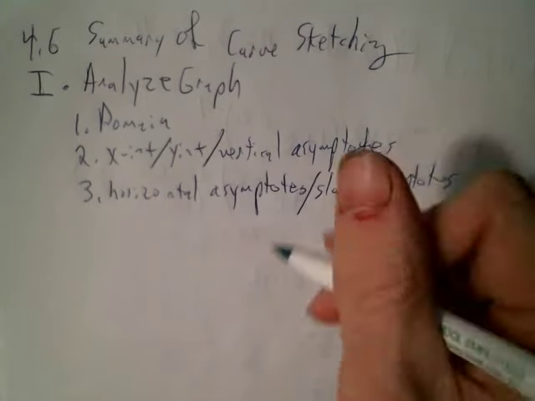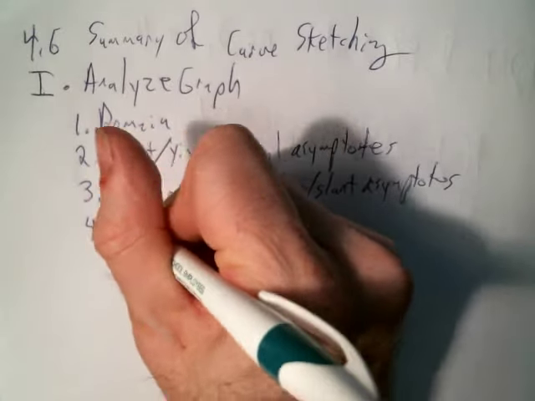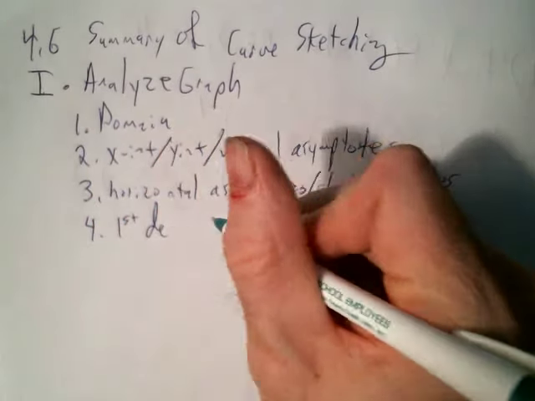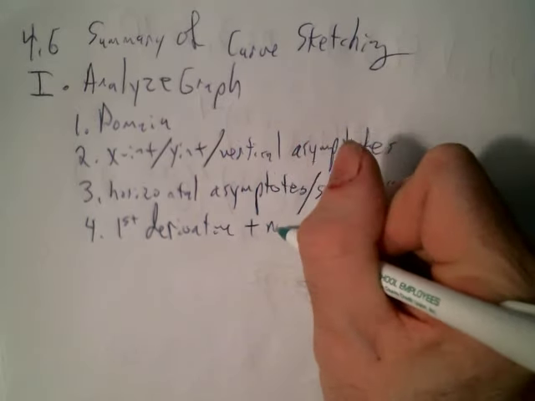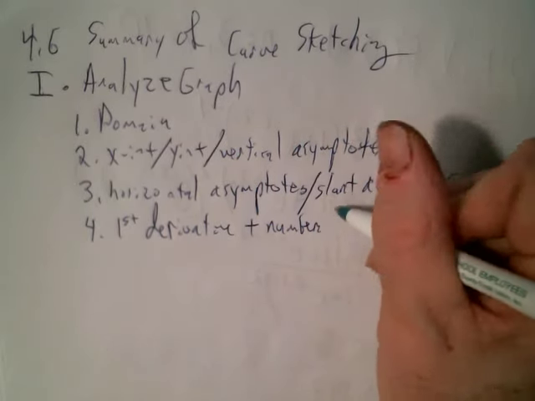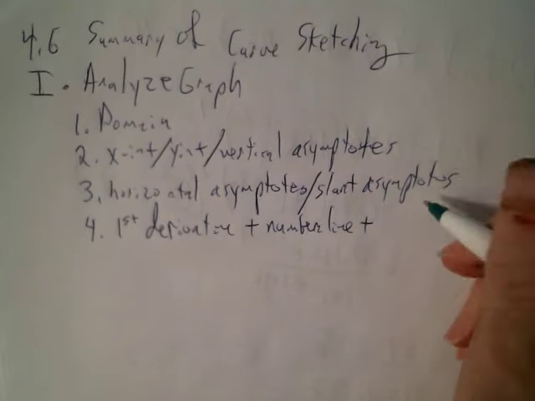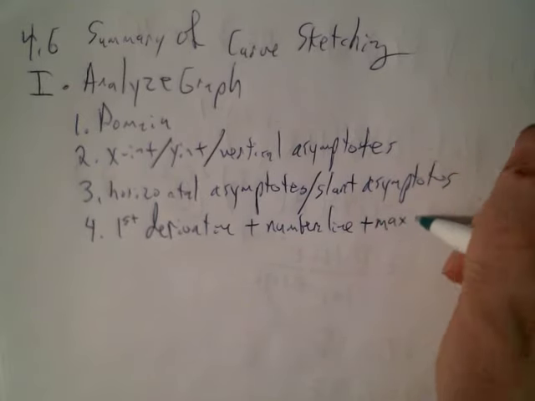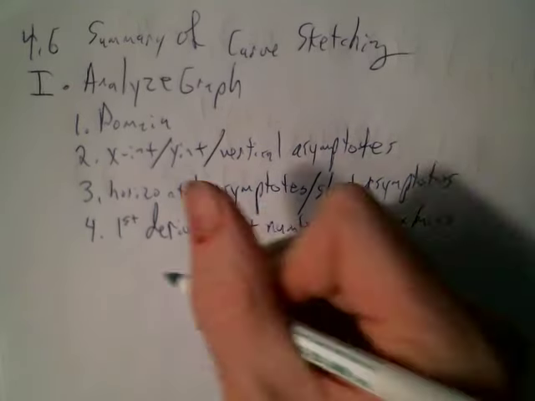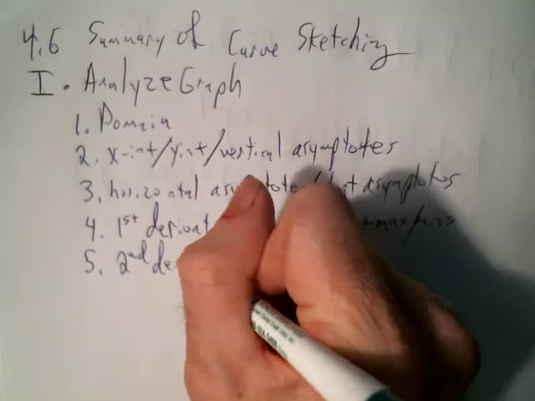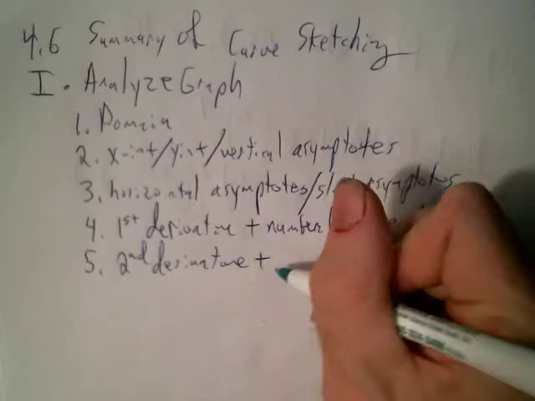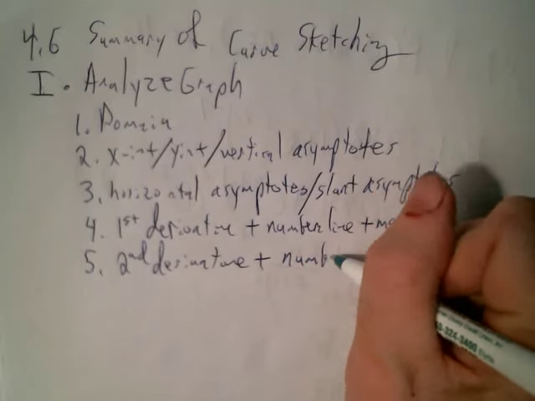And then fourthly, do the first derivative and its number line, and identify any max and mins. And then fifthly, the second derivative and its number line.